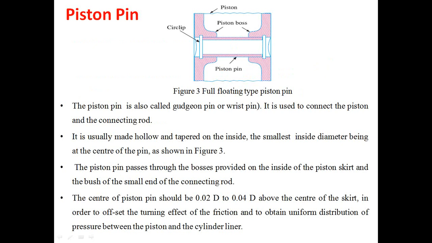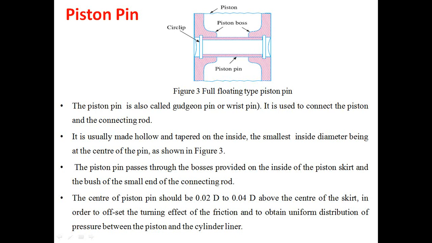Piston pin. The piston pin is also one of the important components, which is used to connect the piston and connecting rod. The piston pin is also known as gudgeon pin or wrist pin. It is usually made hollow and tapered on the inside, the smallest inside diameter being at the center of the pin as shown in figure 3.